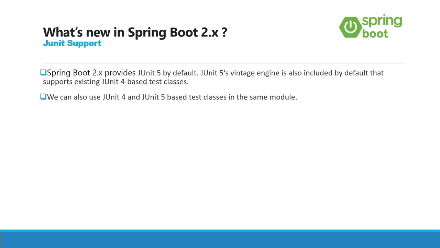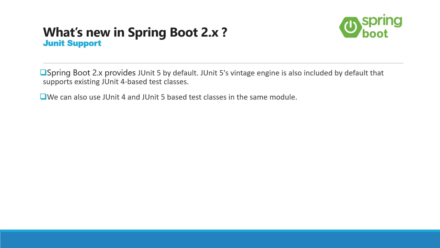Now, last but not least, we'll talk about JUnit support. Of course, if you write any application, by the end of the day you are going to write JUnit test cases. With respect to JUnit, Spring Boot 2 provides JUnit 5 by default. Whenever you create any project with Spring Boot 2, the JUnit 5 dependency will be added in your class path. And the good thing is that the JUnit 5 Vintage engine is also included by default, which supports us in writing test cases based on JUnit 4 test classes.